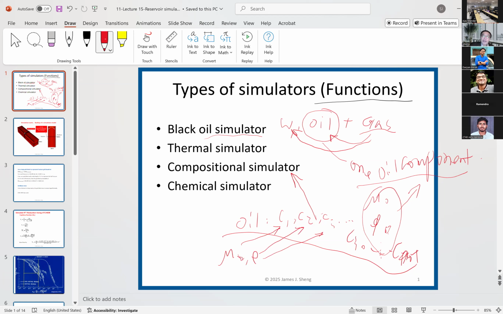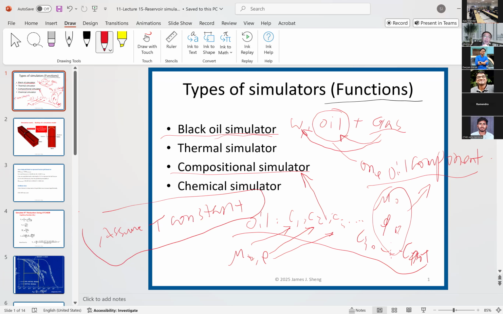Now, so far, for either black oil or compositional simulators, we assume temperature T is constant. In other words, we do not consider heat loss or heat input. The temperature is maintained constant, and all the properties are at the same temperature.